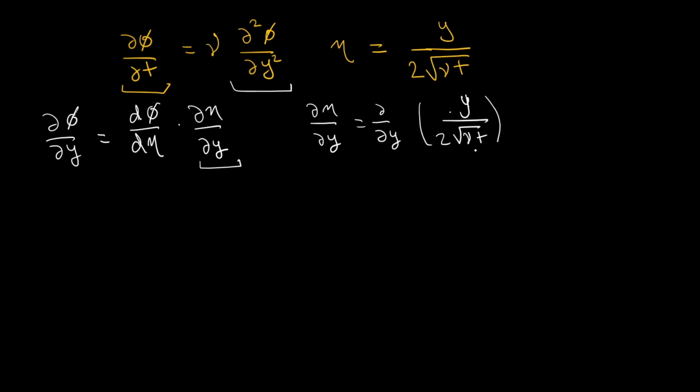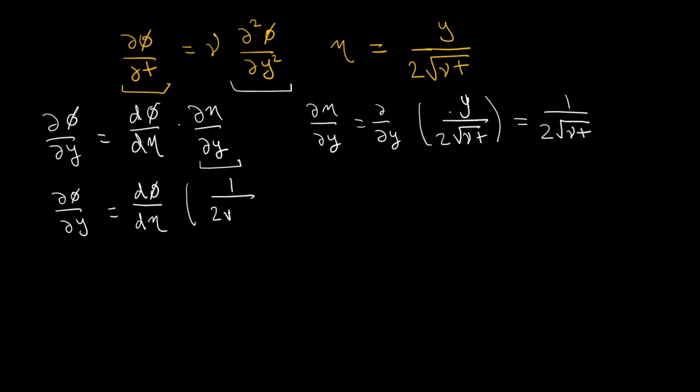And again, this denominator doesn't depend on y, so we can pull that out of the derivative. And derivative of y is just 1. So this is just equal to 1 over 2 square root of nu t. So we can rewrite this first derivative again as d phi dy is equal to d phi d eta times 1 over 2 root nu t.